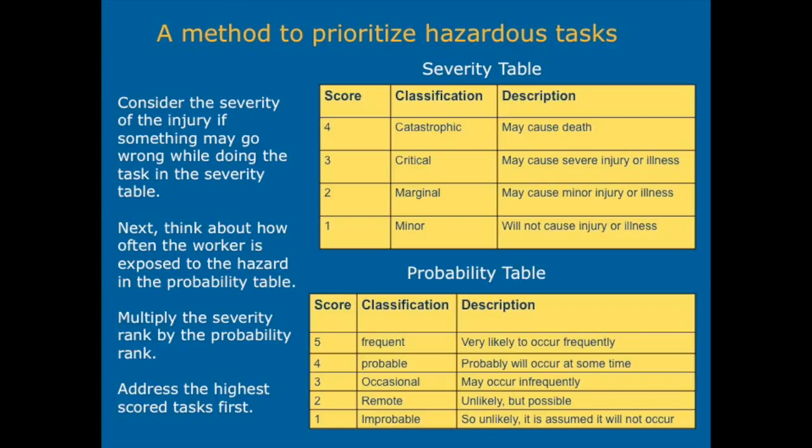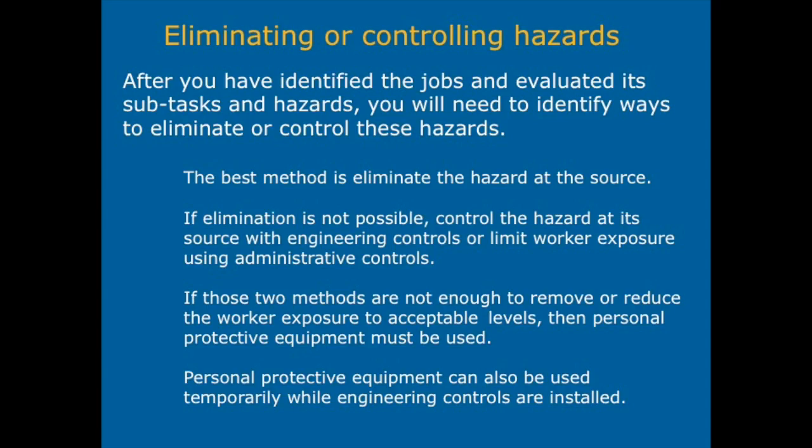If it's very unlikely that it could ever happen, but it's possible, then in the probability table below, that would be a remote classification. That would give us a score of a 2. Then we take 2 times 4, and that particular hazard or task gets an 8 for a score. And then we move to the next one. We rate all of our tasks according to their hazard priority.